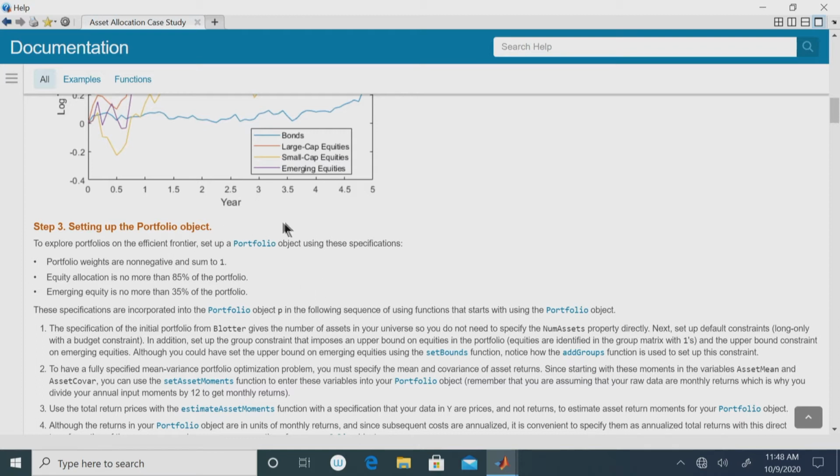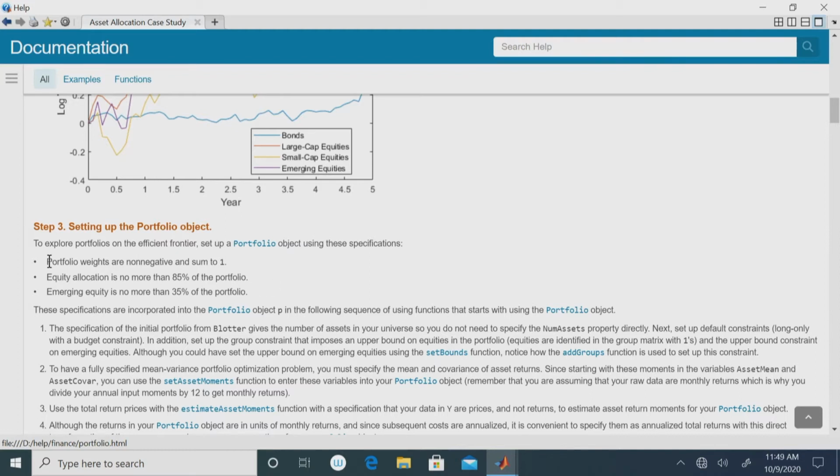All you need to do is change this 85 to 50% in the code. For emerging equity you might not want more than 10%, so you can set this to be 10% instead of 35%. This inbuilt setup is very flexible, and it is amenable to individual investor-specific constraints and preferences.